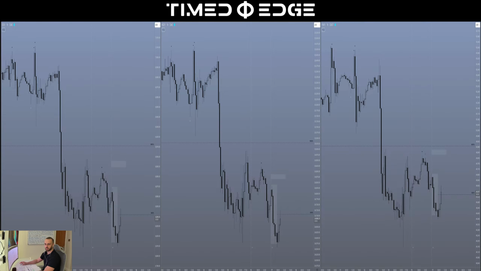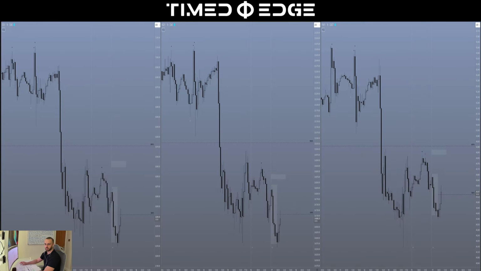We are seeing a nice rejection from that level. Still have to wait for price though at the moment.